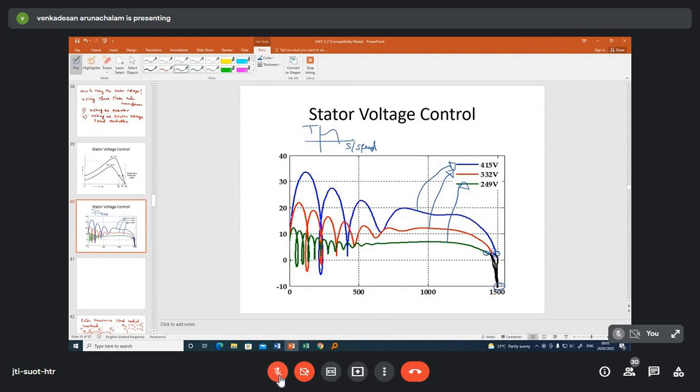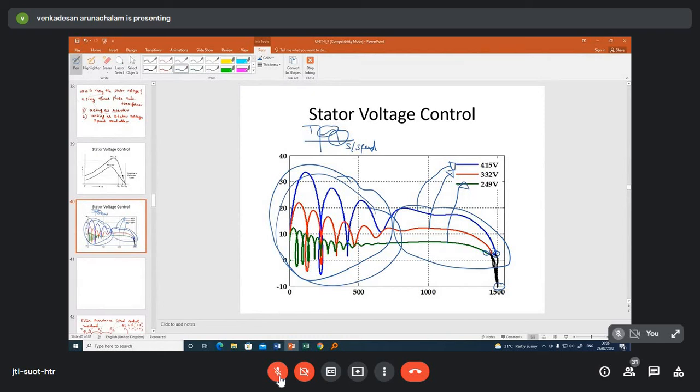But if you see this region, it is very highly non-linear, and you have multiple peaks, and only after that do you get this portion. So this portion is this one, and this portion is this. Why is it so non-linear?